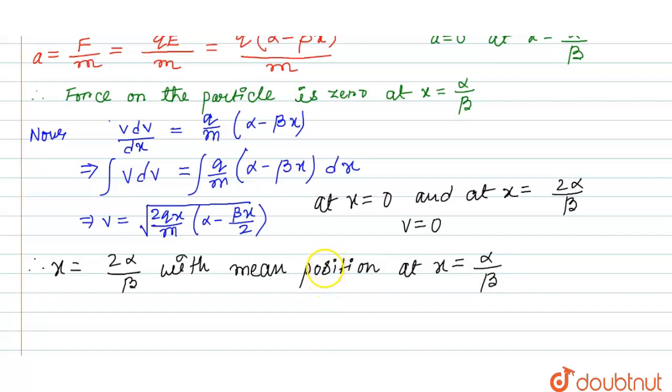Hence the maximum acceleration of the particle is at extreme position, when x equal to 0 or x equal to 2 alpha by beta, and putting the value of this, we will get that the maximum acceleration, a max, equal to q alpha by m.